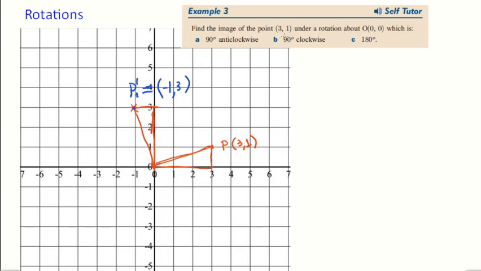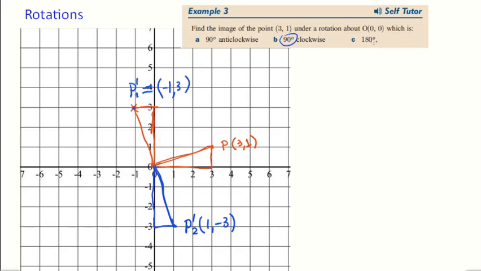Now if we rotate 90 degrees clockwise, it's the same thing, but now it's going in the opposite direction. If you do the same thing with this triangle here, you would have that this point is now here, so P2', would now have coordinates x equals positive 1 and y equals negative 3.